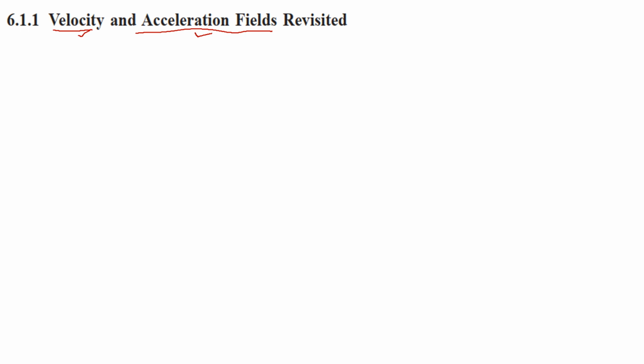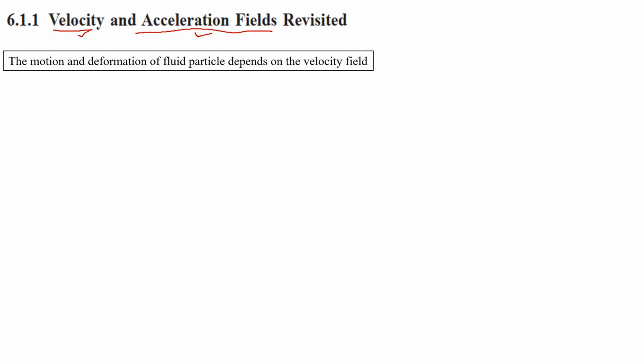We are going to revisit some of our velocity field and acceleration field concepts, because the relationship between the motion and deformation of a fluid particle depends on the velocity field. If we are talking about the velocity of a single fluid element, it means it's moving, but we are not only concerned about its motion, we are also concerned about its deformation.